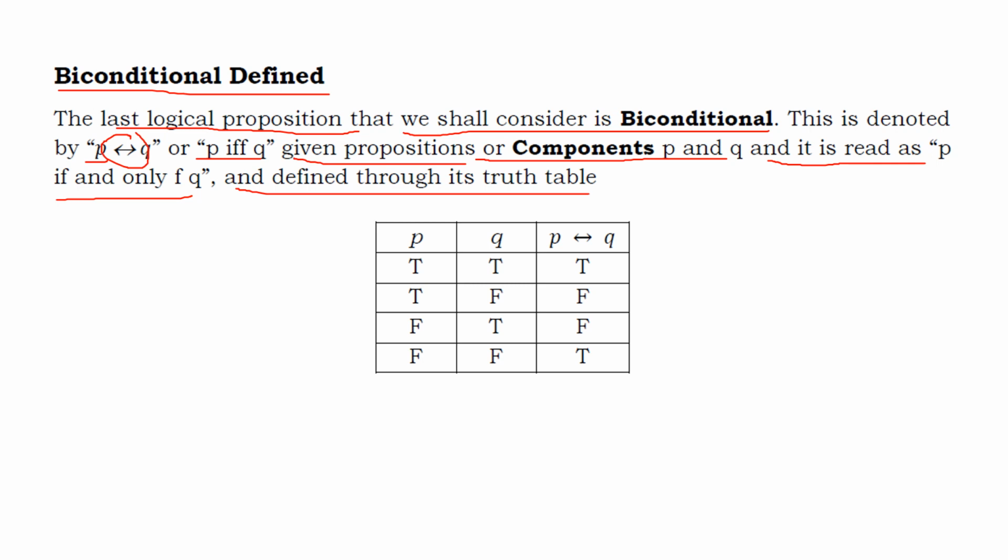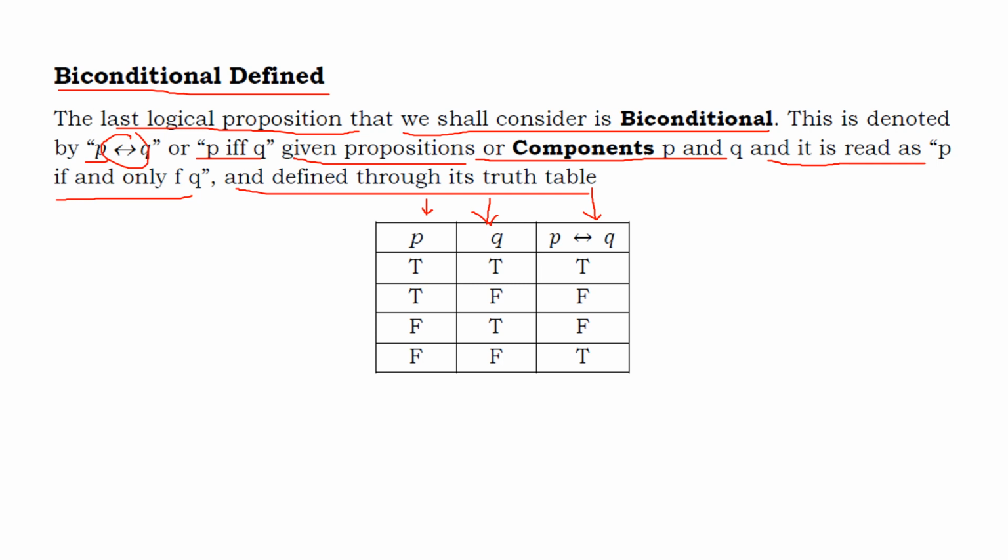As you can see, for the first column, that will be the truth value for your proposition P. And for the second column, this will be the truth value for your second proposition Q. And for the third column, that will be your truth values for the biconditional of propositions P and Q.